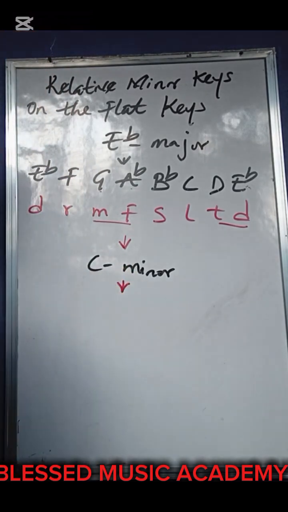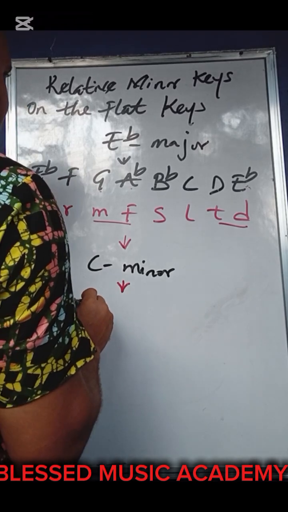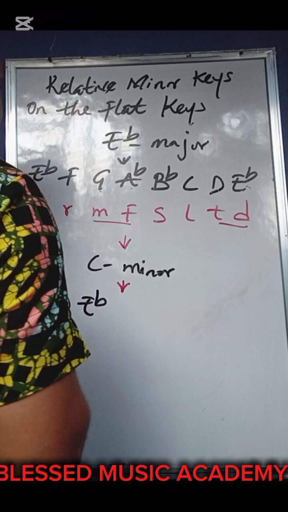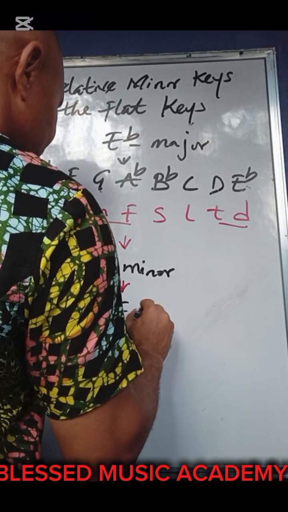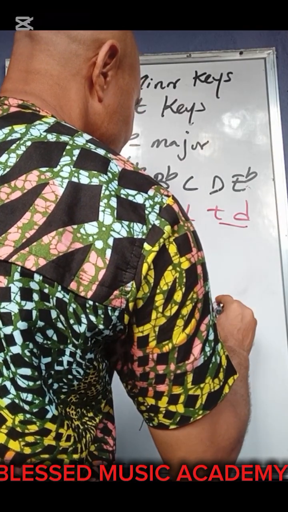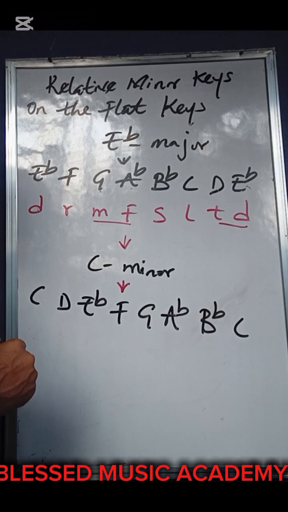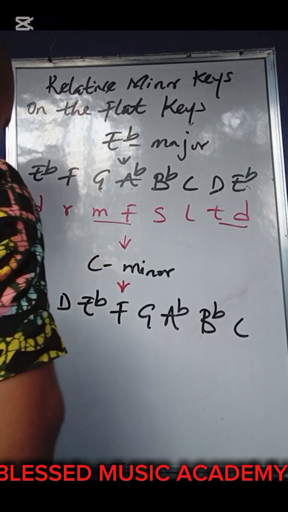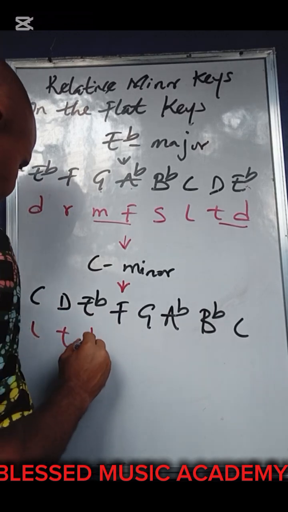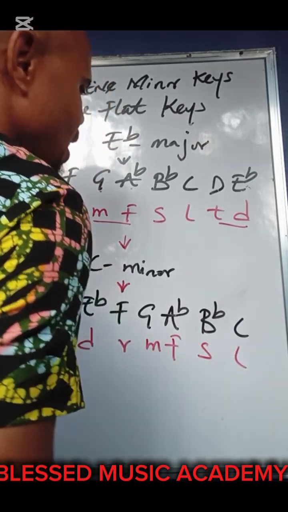So C minor will now be C, D, E flat, F, G, A flat, B flat, and C. That is it. So you have la, ti, do, re, mi, fa, sol, la.